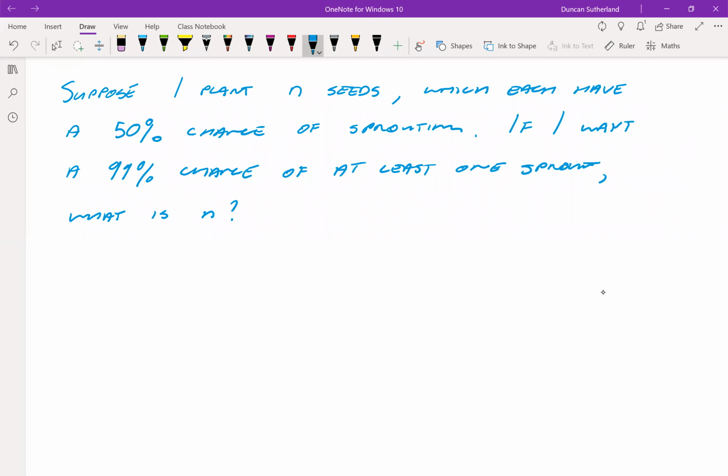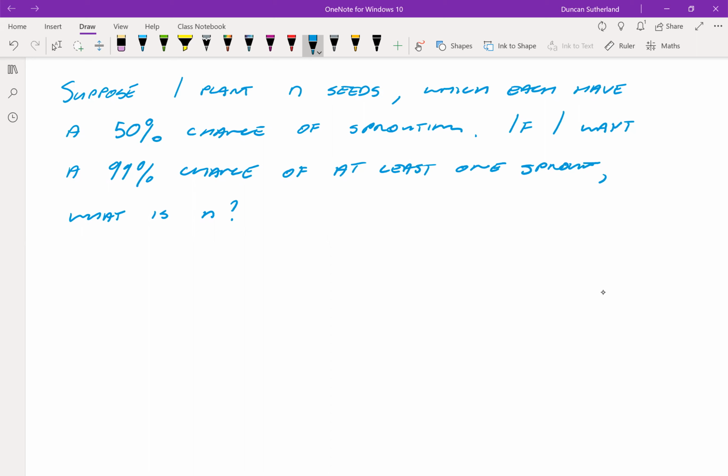All right, so this is a bit of a classic question in probability, and it relates to the idea of complementary events. Suppose that I plant n seeds, and each seed has a 50% chance of sprouting into a plant. However, I demand a 99% chance of at least one sprout, right?